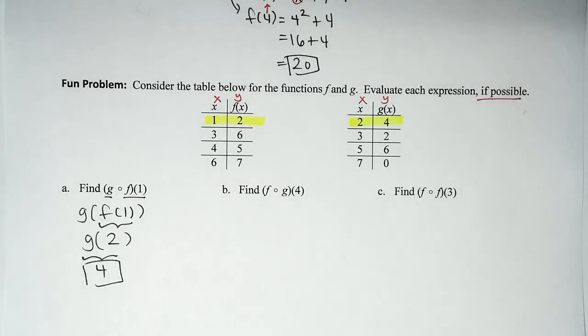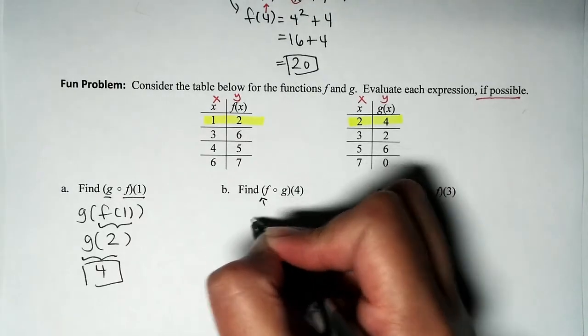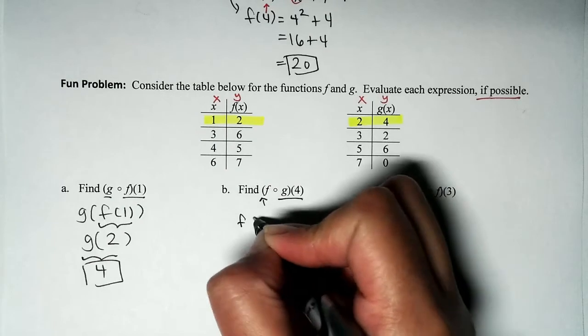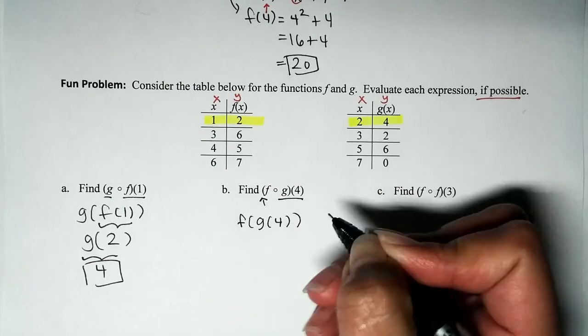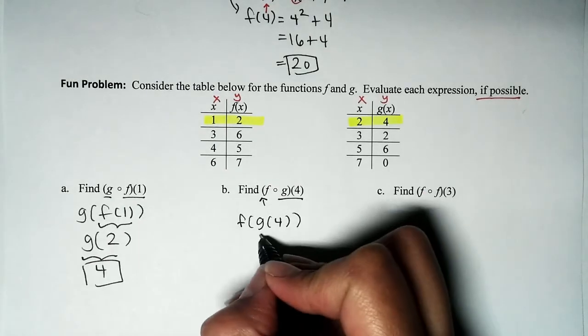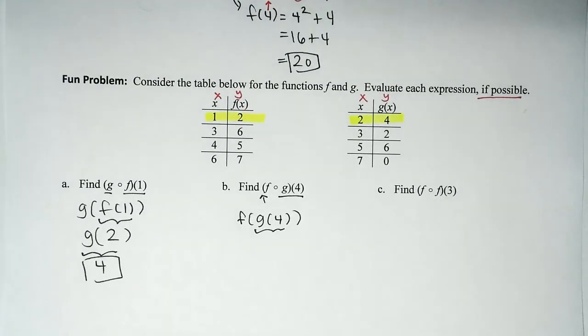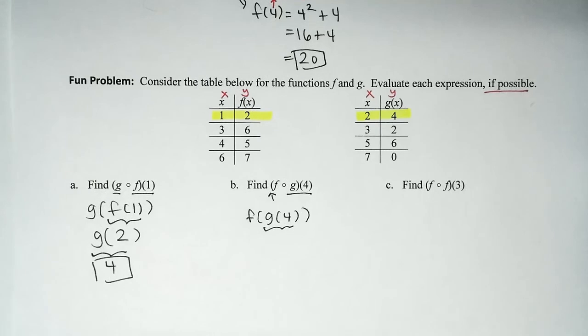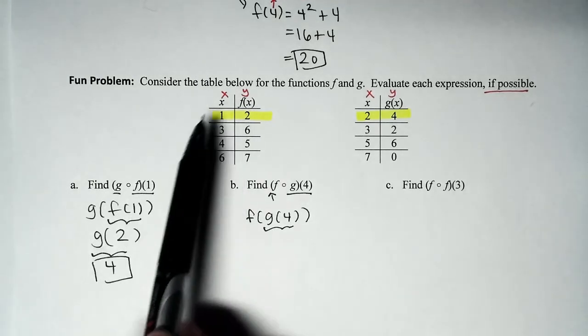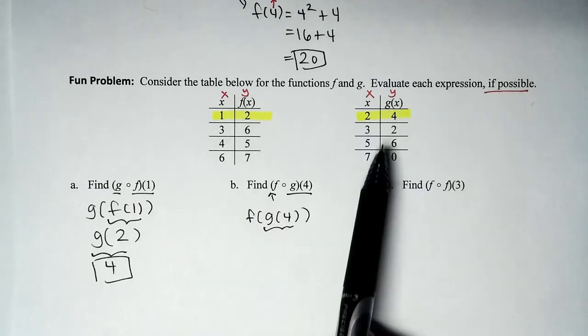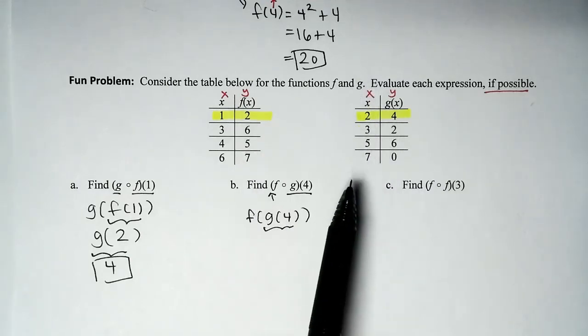All right. Problem B, we want to find f of g of 4. Let's go ahead and rewrite it. We have this first function of whatever we're left with. Okay, so g of 4, when the input is 4 for function g, what is the output? We have a 4 on the first table, but this is the information for function f. Looks like function g is not defined at 4.